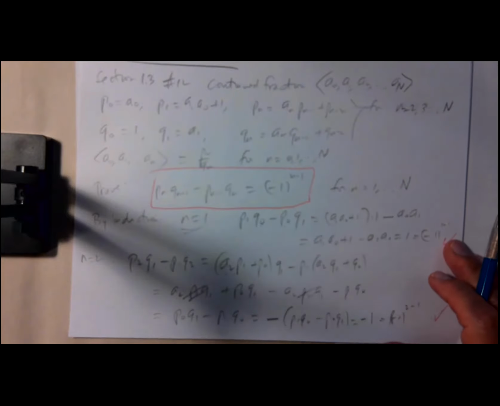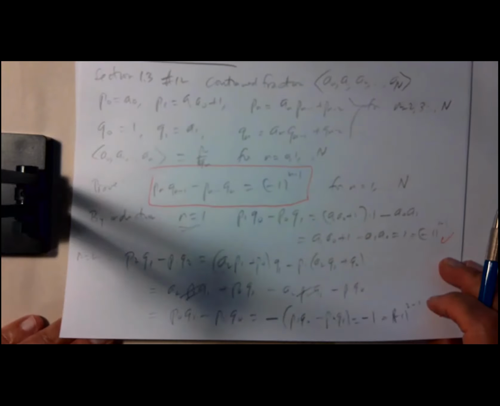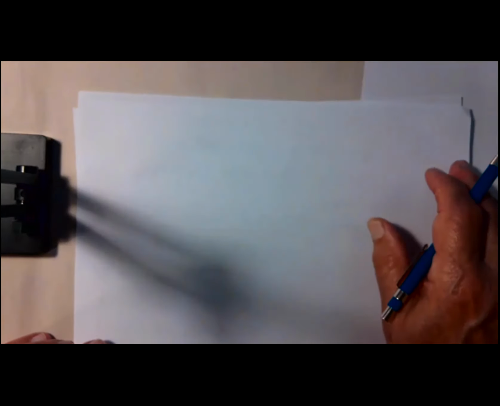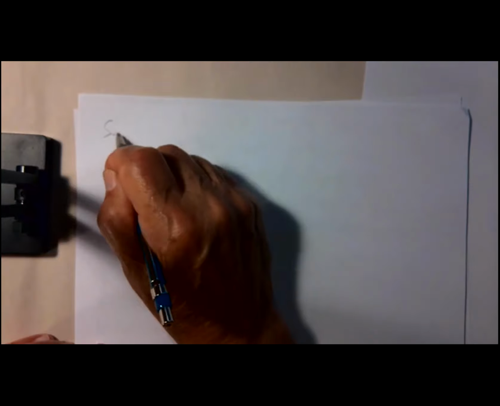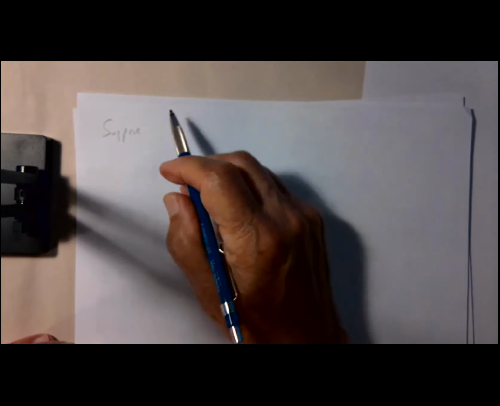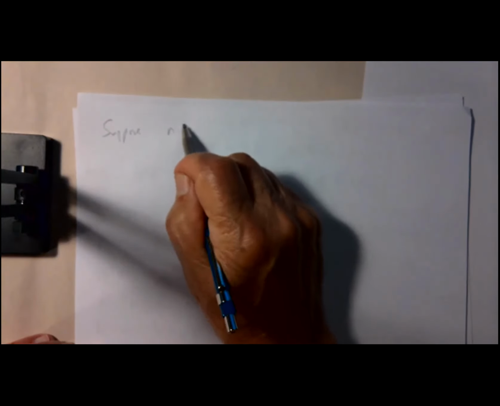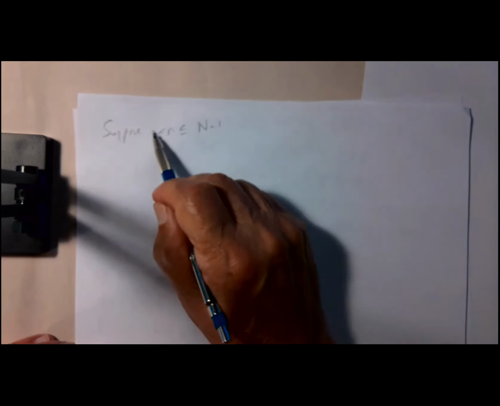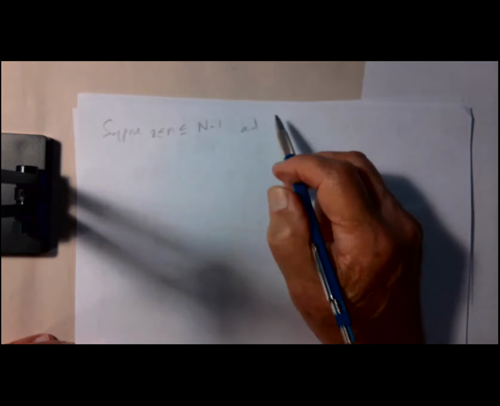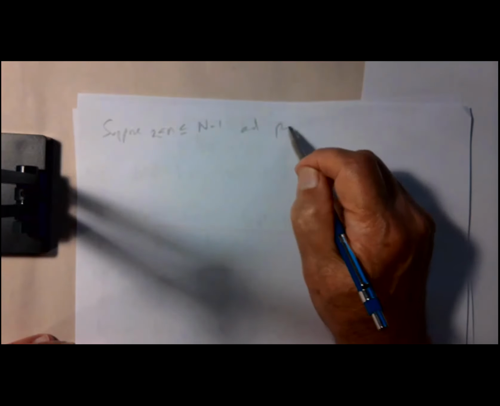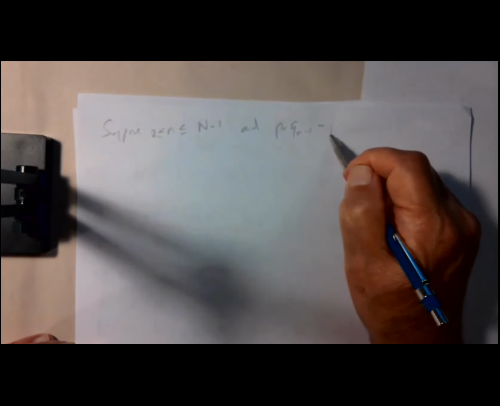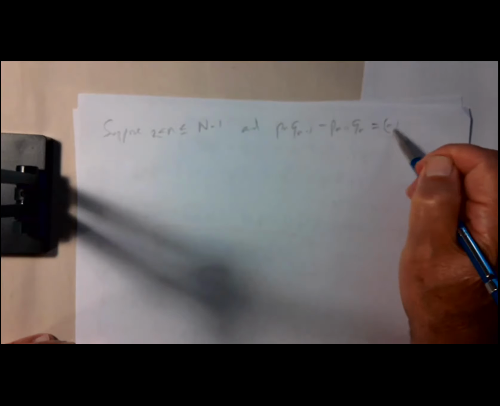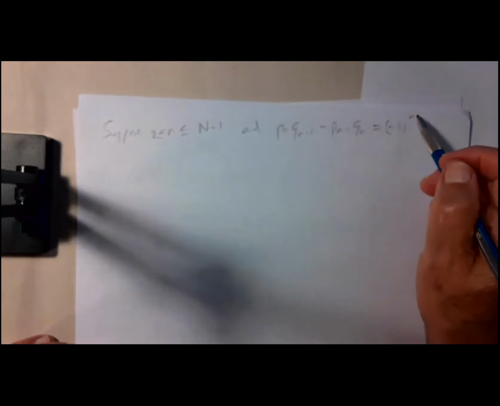So now we need to do the inductive step. So suppose n is no bigger than n minus 1, and Pn Qn minus 1 minus Pn minus 1 Qn is minus 1 to the n minus 1.